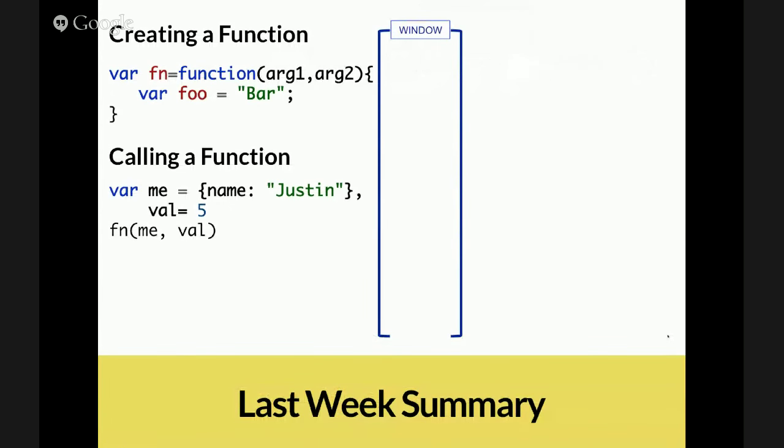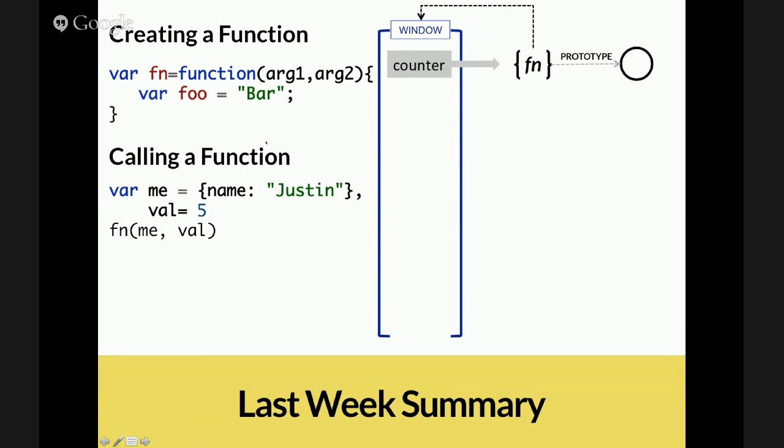So again, let's talk about what we learned last week. We learned about how closures work, and closures work with this combination of when functions are defined and when functions are called. Whenever you define a function, it is created in memory with a prototype property that points to an object and a hidden reference that points to the closure in which the function was defined.